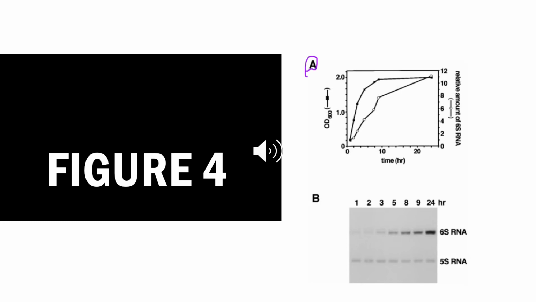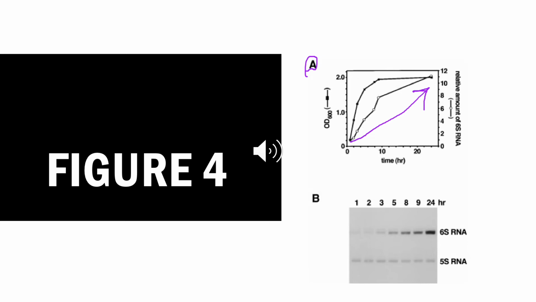In figure 4A, I drew a line, and even though it is almost linear, I realize that's misleading because it's not meant to be linear. It is showing the exponential growth of 6S RNA. So you can see there's a huge jump between that 0 and 24-hour mark.